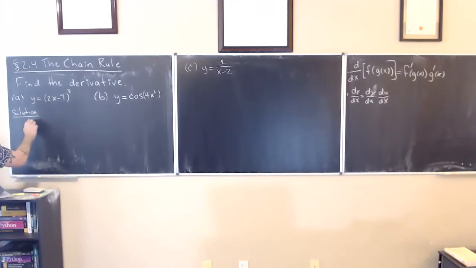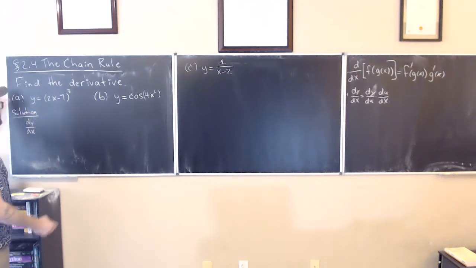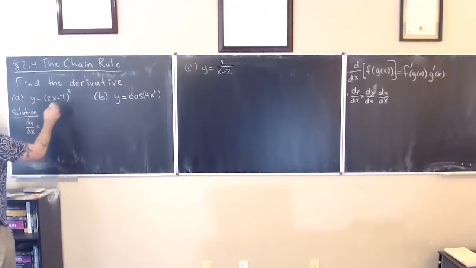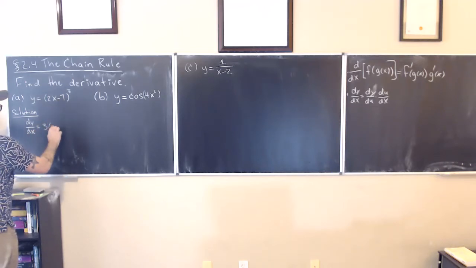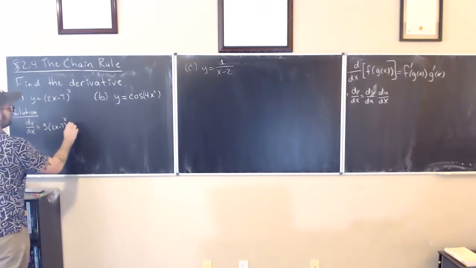So dy/dx. The outside function would be just like x cubed or u cubed, right? So then this would be 3 times the inside to the power minus 2 times the derivative of the inside, which is just 2.